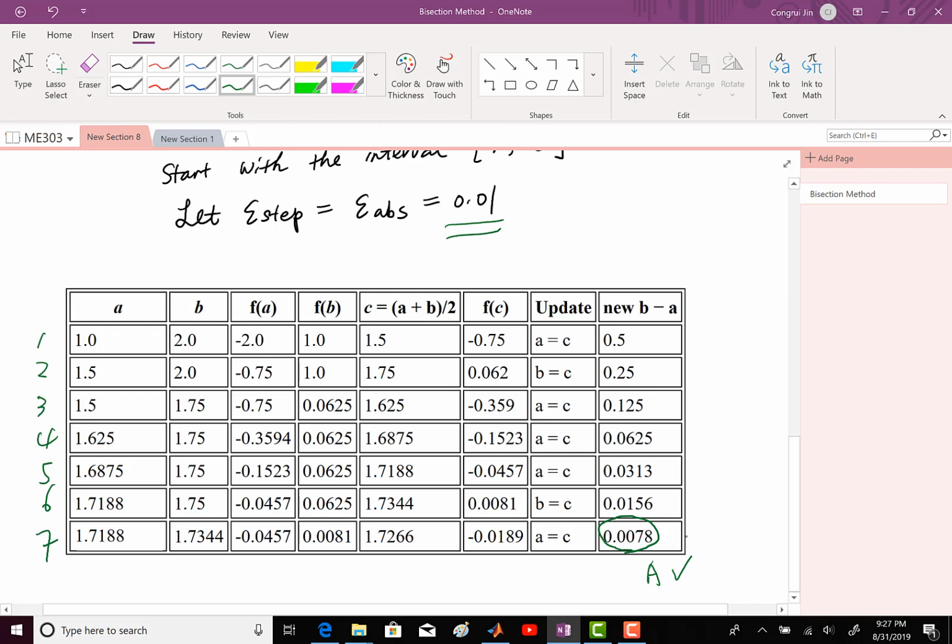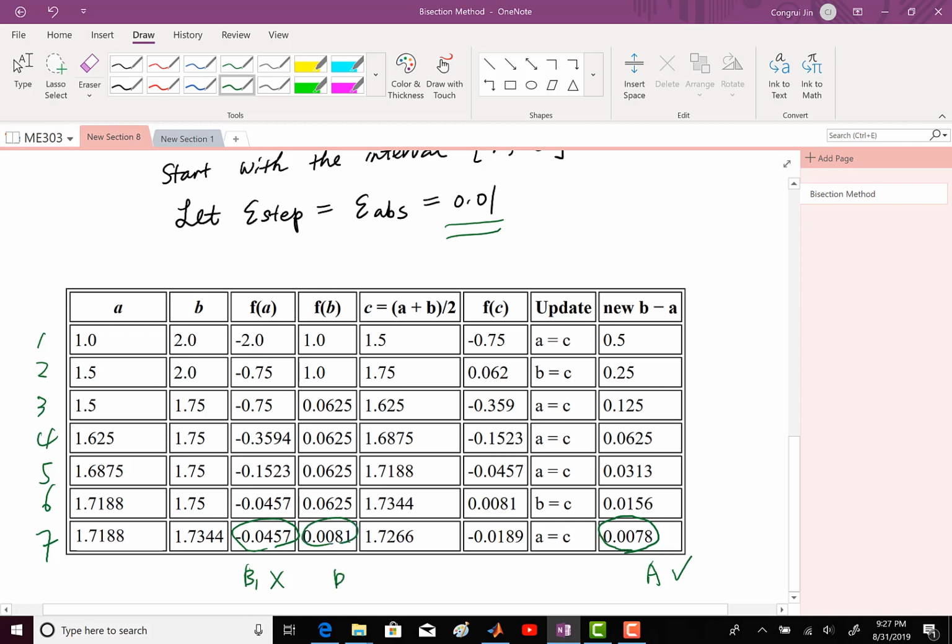So the absolute value of FA is 0.0457, which is larger than epsilon abs. So condition B1 isn't satisfied, right? But FB is equal to 0.0081. So the absolute value of FB is less than epsilon abs, right?